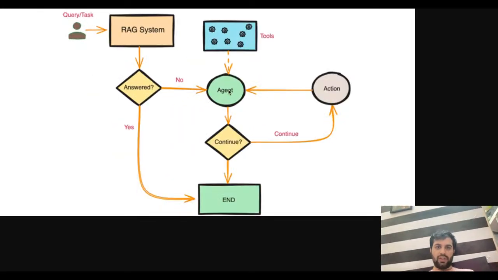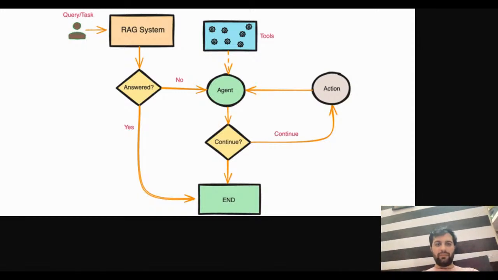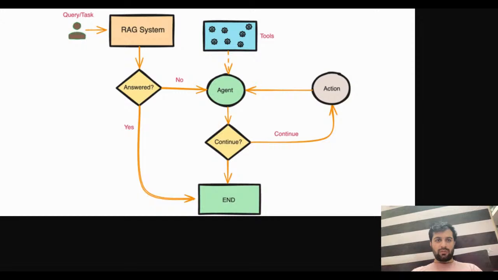See, you have a bunch of tools, and with the help of the agent, an agent is nothing but the same system which has only one superpower, the ability to connect with external tools. That's it. There is no other difference.